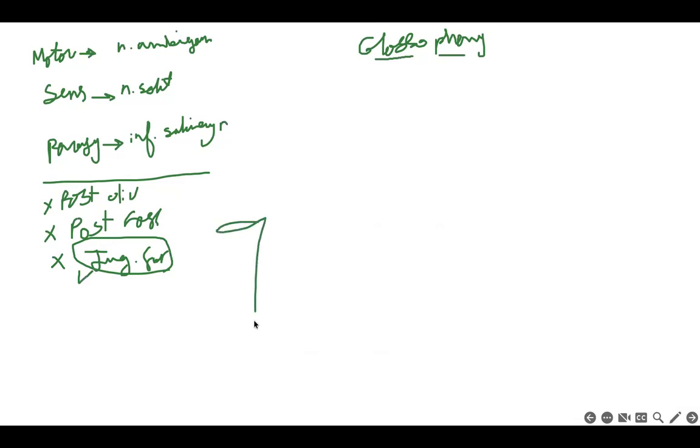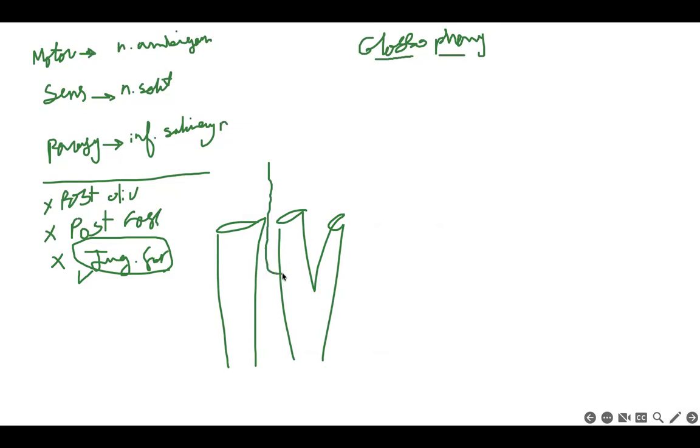After that, it descends in the carotid sheath between the internal carotid and internal jugular vein, then winds between the internal carotid and the external carotid artery and terminates in the pharynx, between two muscles in the wall of the pharynx, in the gap in the pharynx between the superior and the middle constrictor muscles of the pharynx. This is the termination of the glossopharyngeal.